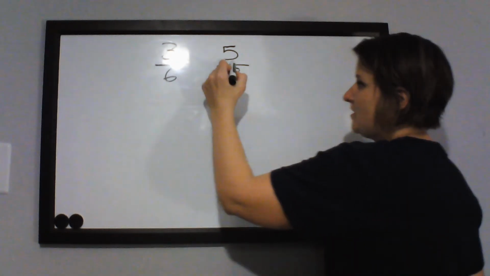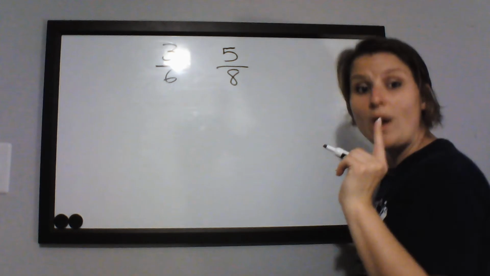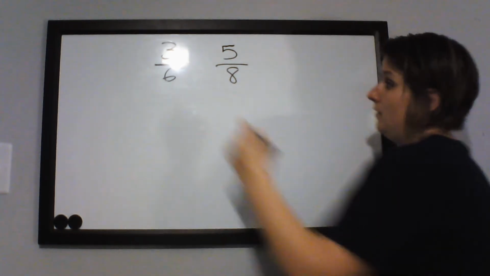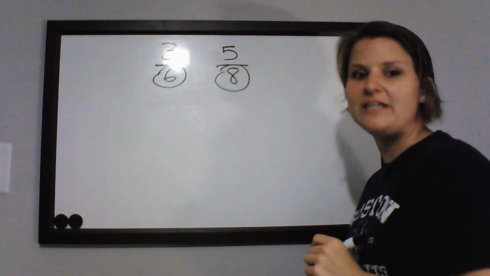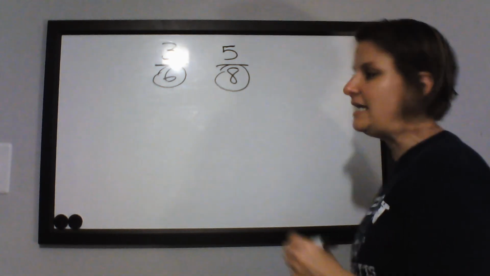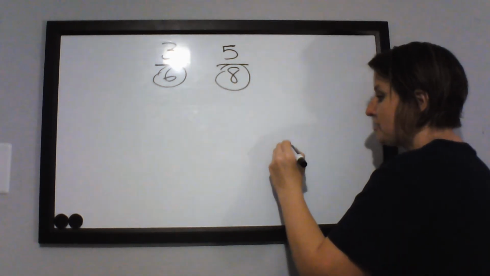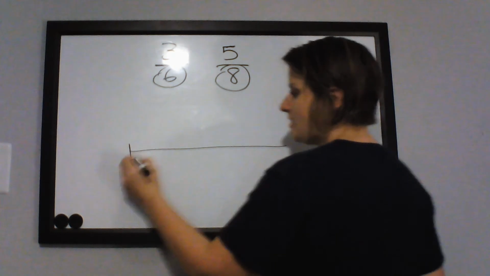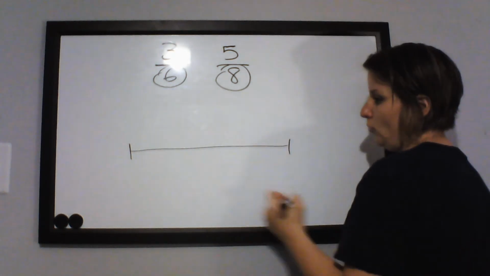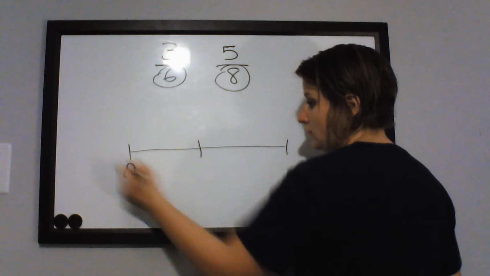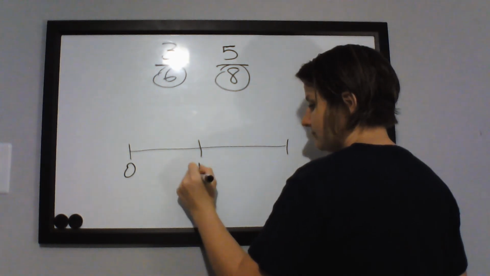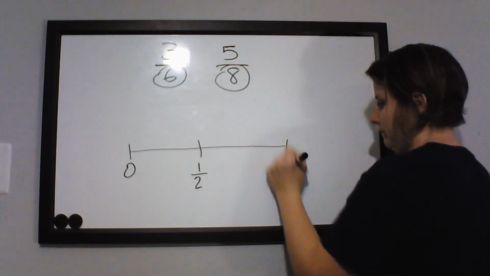I do not have the same numerator. But what I do have is I have two denominators that are even numbers. And if it is an even number, then it can be split in half. And so this is what we call the benchmark rule, okay? I simply draw a number line, and I have 0, 1/2, and 1.